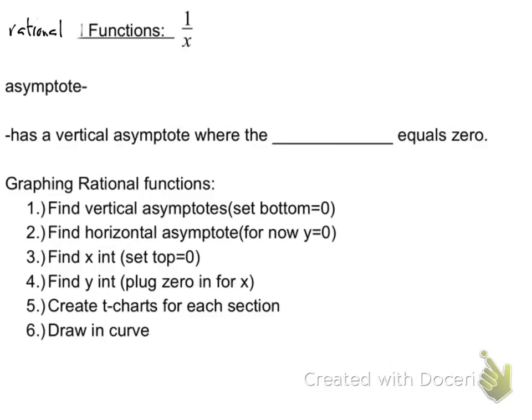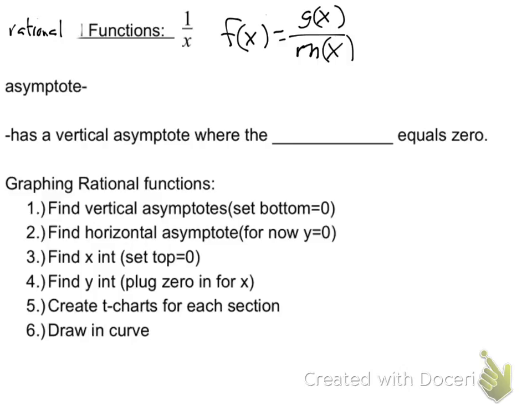So these are rational functions, guys. Yes, it can be in the form of 1 divided by x, as you can see here. But what it's going to come down to is something like f of x. So it's going to be a function itself, made up of something like g of x over m of x.